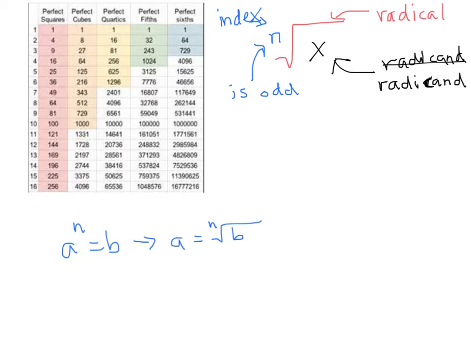An example would be the cube root of 8. Here you see the index, the n value, is an odd value. So there's only one real root, that is the cube root of 8. And that's 2, because 2 times 2 times 2 equals 8.